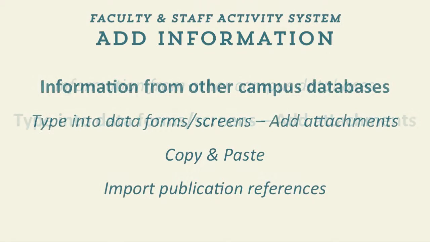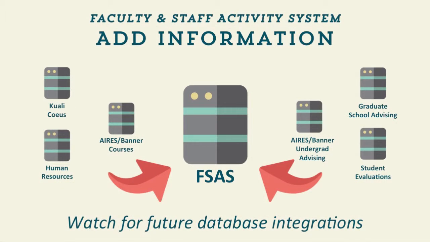And finally, information is automatically entered into the system for you by way of integrations with other CSU databases, including CSU's HR databases, ARIES, and Kuali Koias. In the future, you may see more integrations with other CSU databases.